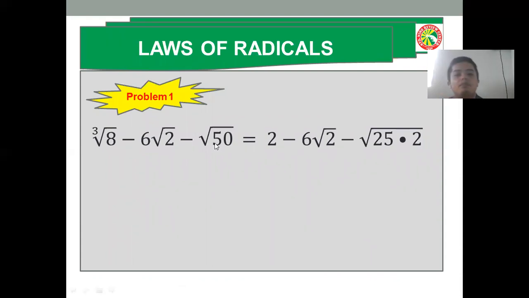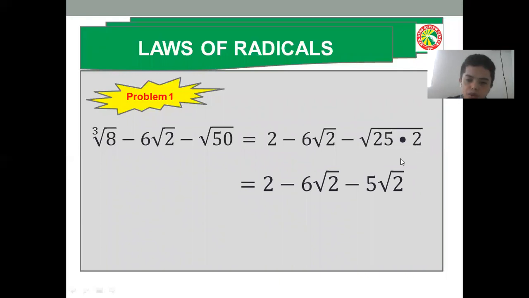Minus your square root of 50 can be written as square root of 25 times 2. And what is square root of 25? That is 5. So your 5 will be outside the radical, and square root of 2 stays square root of 2. So 5 square root of 2. As you have noticed, you have here square root of 2 and square root of 2, so in that case you can combine this 6 and 5. You subtract operationally. What is negative 6 minus 5?